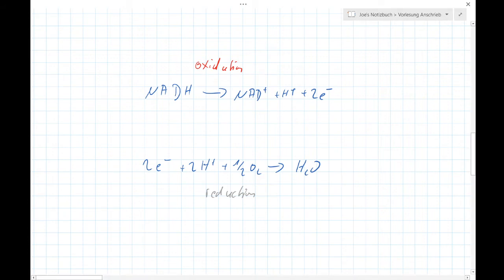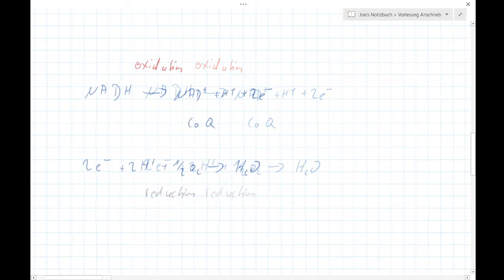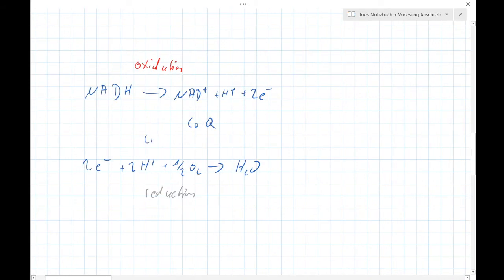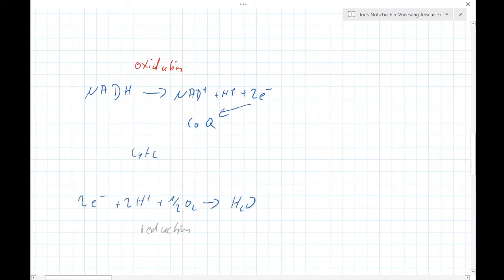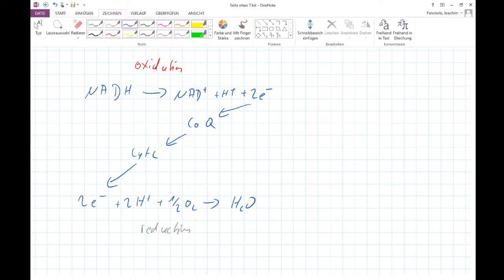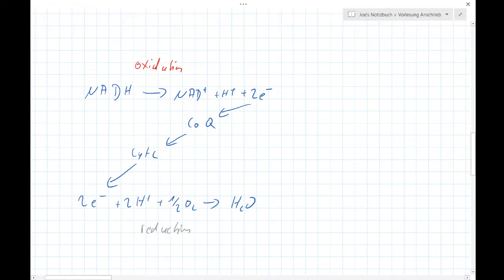In the first step I transfer onto coenzyme Q, in the next step onto cytochrome C. So the electrons go sequentially down, and I can always take out the energy of each step. I don't lose this energy as heat, which I would if I used the complete step at once.